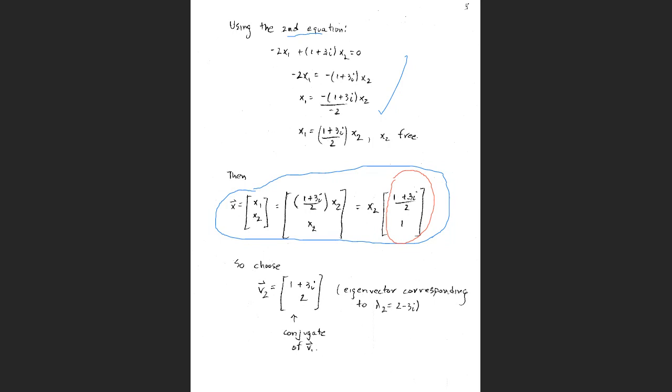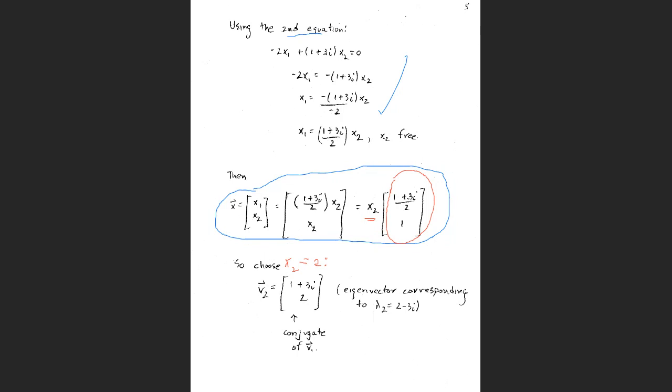Again, x2 is a free variable, so let x2 be equal to 2, and you get a nice pretty eigenvector.